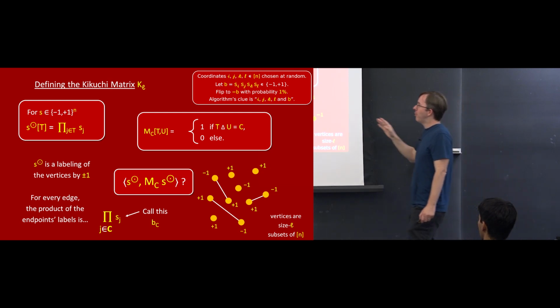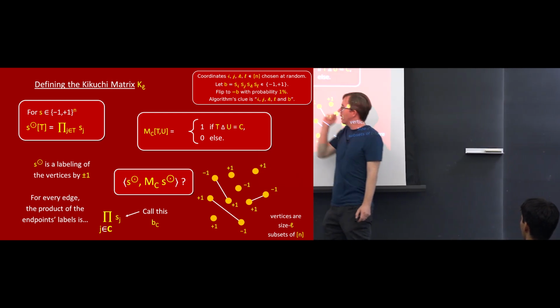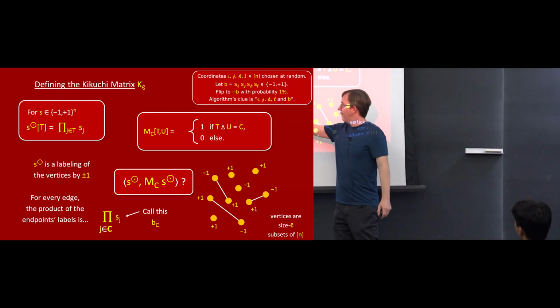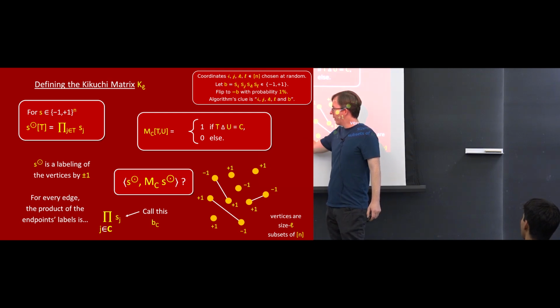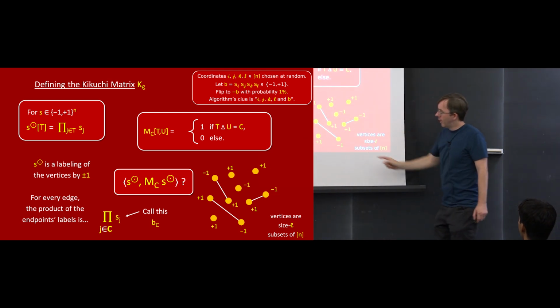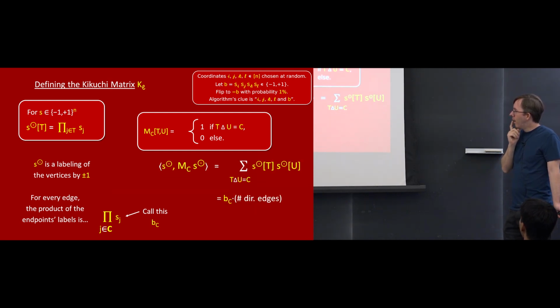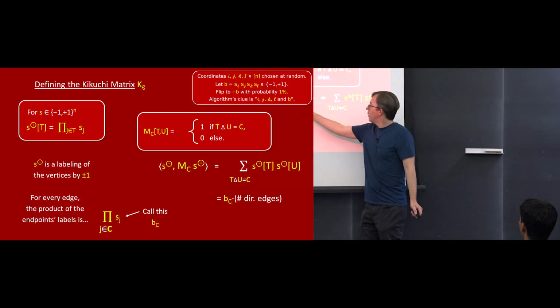Okay, final step before I'm ready to, like, this sort of motivation for defining this. Final step is I want to think about this quadratic form, like the quadratic form of S dot with this adjacency matrix. Okay, so what is this quadratic form of S dot with this adjacency matrix?